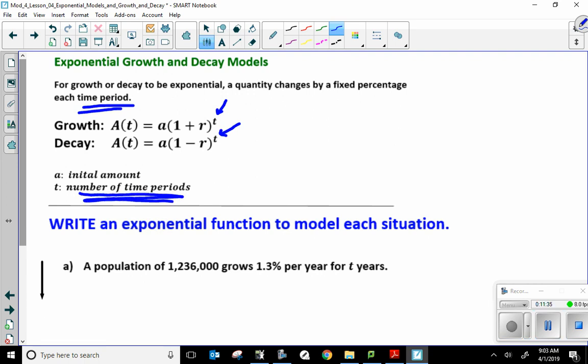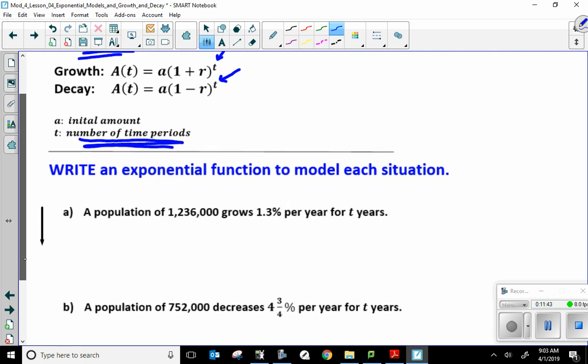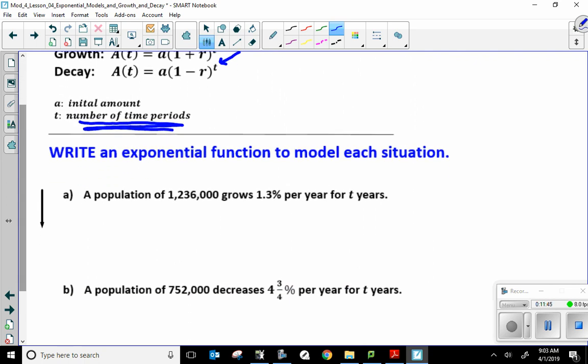So let's start doing some of these examples and models, i.e. word problems, and we're going to start really basic. For A, let's write the exponential function to model each situation. They're not asking us to solve, just to write the model.